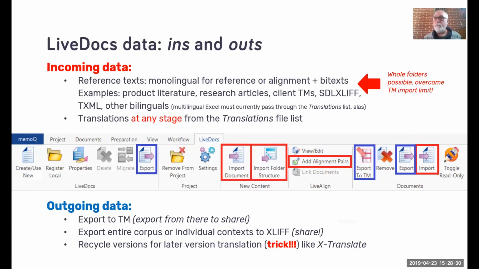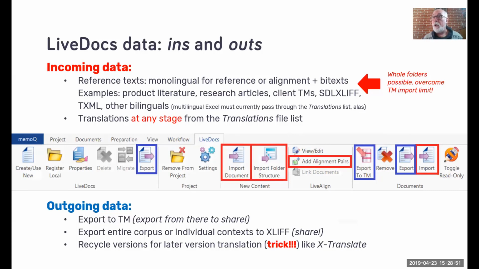You don't have to import them one at a time to a bloody TM. So LiveDocs, in that sense, is the better TM, except that it also gives you the context, which is even nicer.